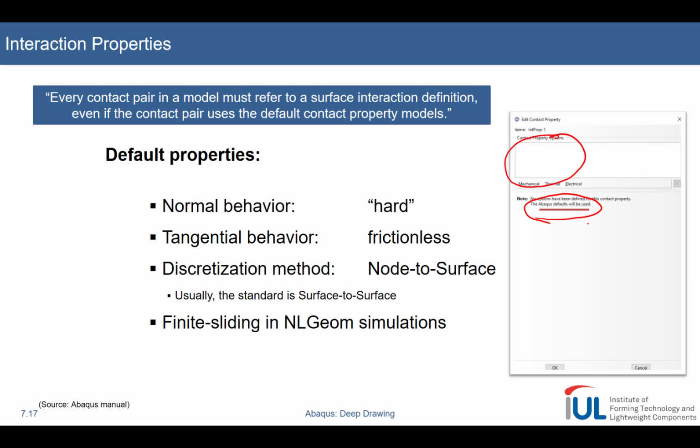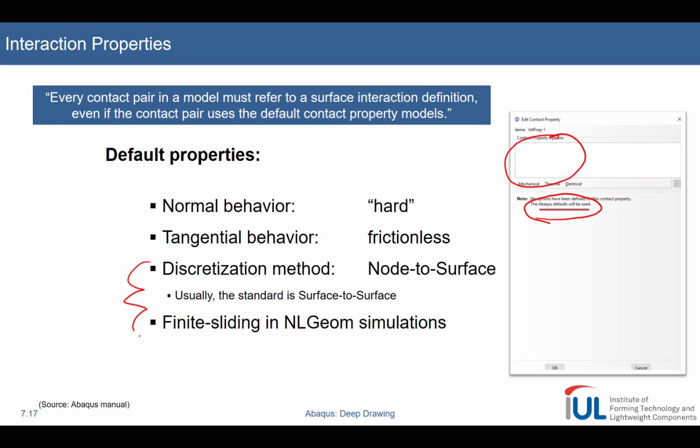Your discretization method, in the past, was usually node to surface, but nowadays it's defined in your interaction directly. So there, surface to surface is nowadays standard. Back in the days, it could also be defined in your contact interaction property module. And in an NLGeom-on simulation, which is awesome, that's what we always do, finite sliding is already activated.